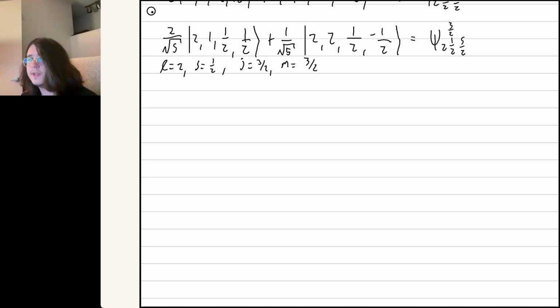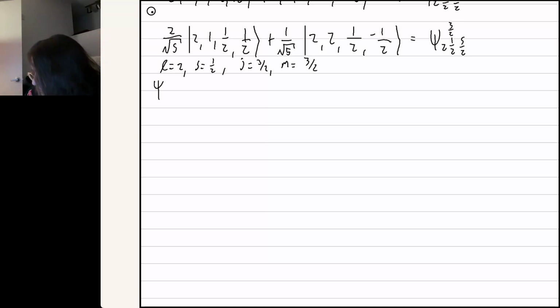Since we're going to be using the same basis vectors, and we know that when we reduce j to 3 halves, it'll be orthogonal to when it was 5 halves, we can use that to solve for the new Clebsch-Gordan coefficients.